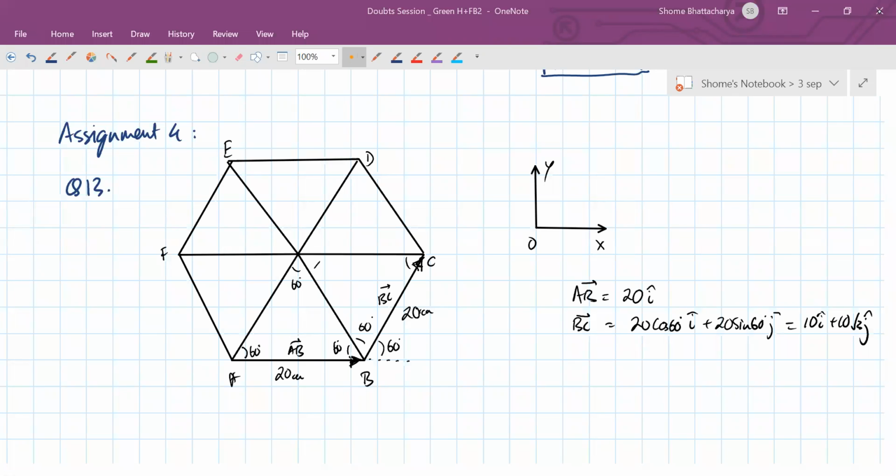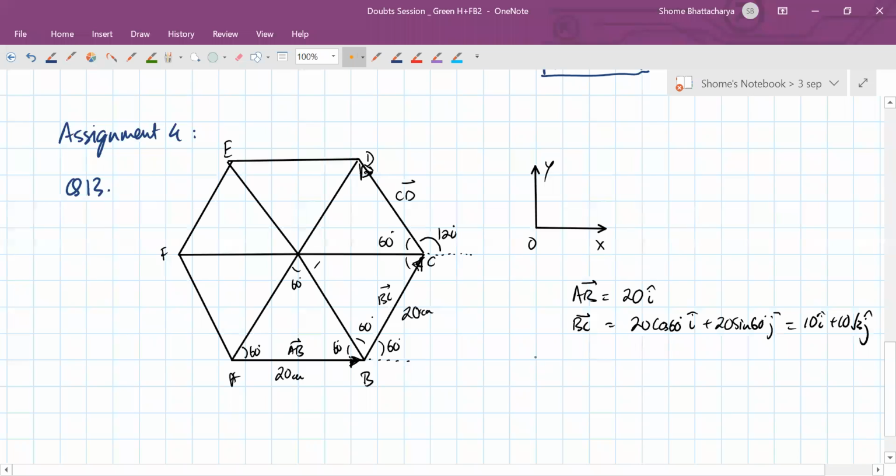Now similarly, the next one, this vector CD, you can see that here this angle is 60. So with respect to the direction of the x-axis, what kind of angle is it making? 120 degrees.